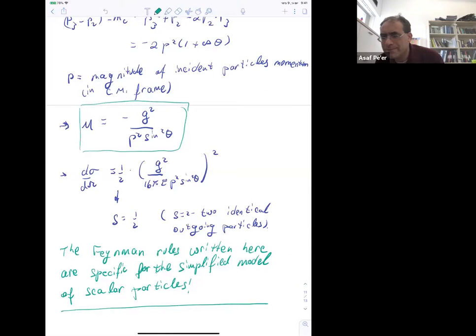Once you get used to that, then it's quite straightforward to generalize to other models. I'm not even sure if we'll go into the exact Feynman rules for real life models, because if you understand the concept, then getting to exact technical details requires going deeper into quantum field theory than we have time for, I'm afraid.